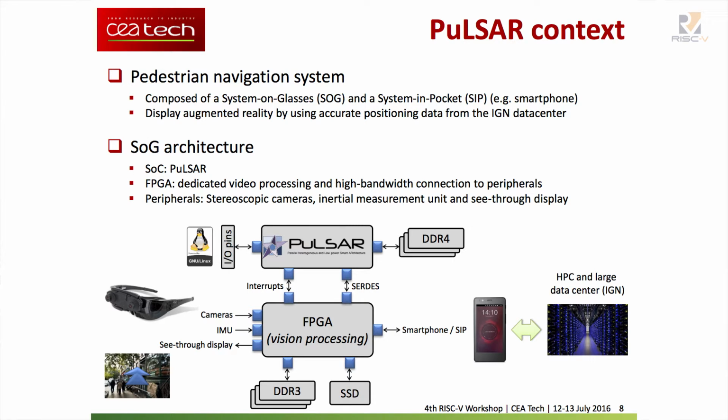Pulsar will be used in a demonstrator in the Things to Do project for a pedestrian navigation system, which will display augmented reality to the user. As presented here, it will use stereoscopic cameras and an IMU, an inertial measurement unit.